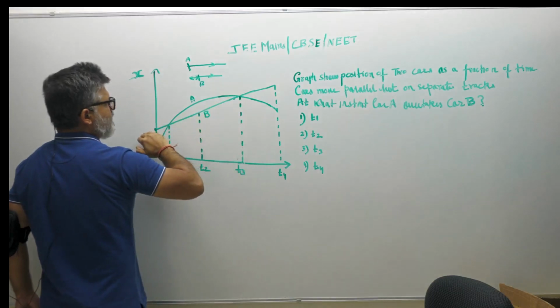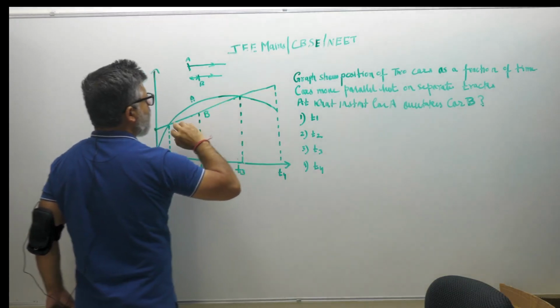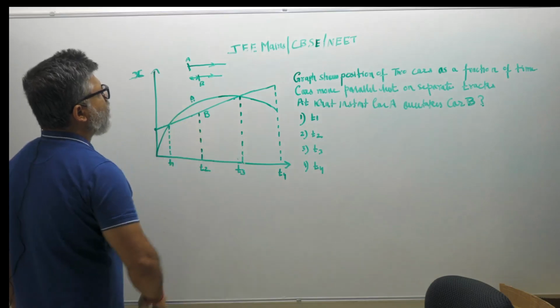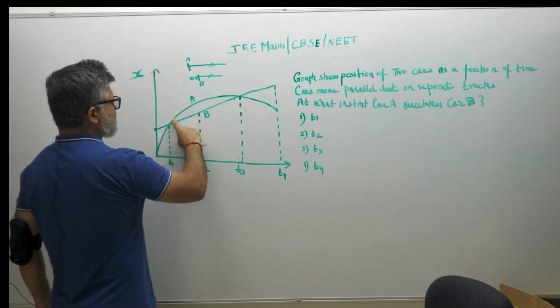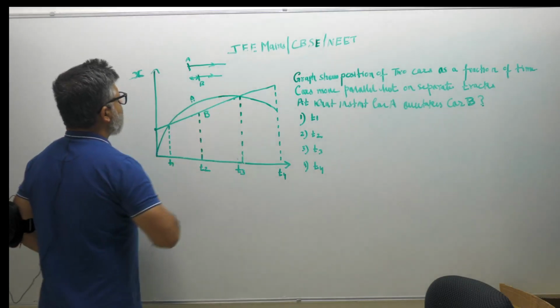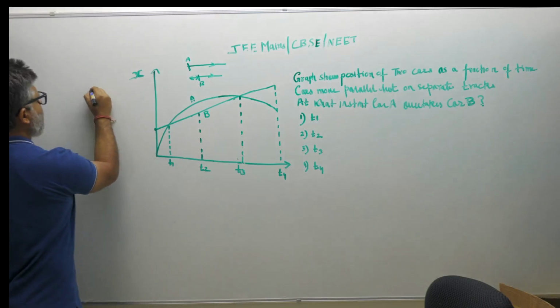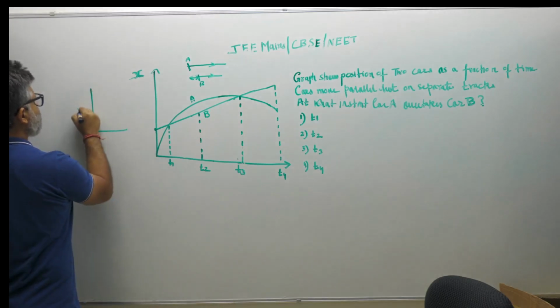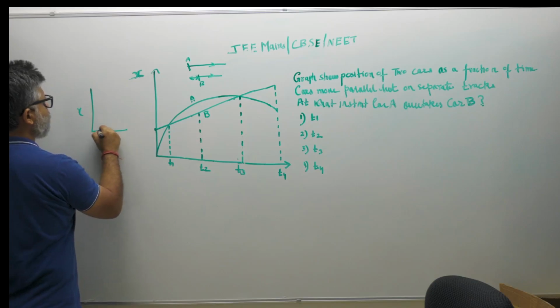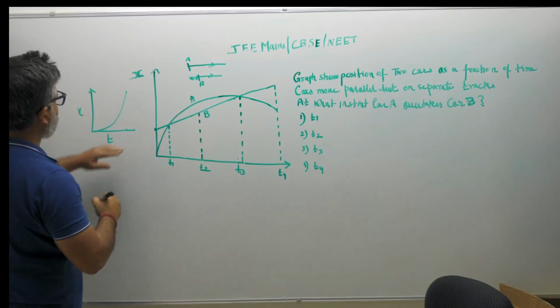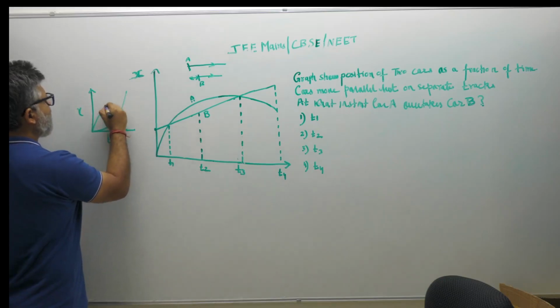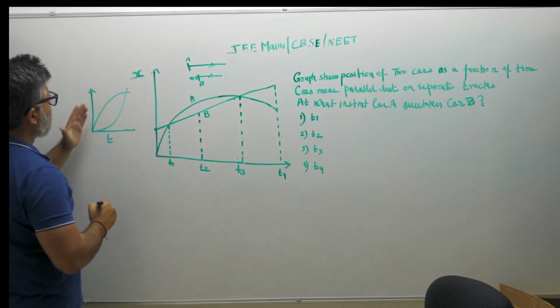Then car B is moving with uniform velocity. This is a straight line. Whereas car A, on the contrary, has acceleration. The position-time graph of a uniformly accelerated motion is generally shown like this. You can also draw it like this, and the meaning changes.